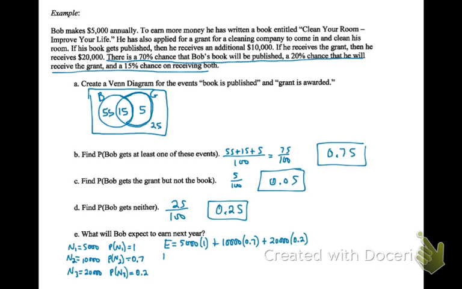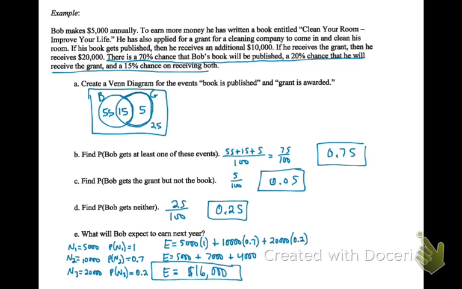If we calculate these values, we get 5,000, then 7,000, and then 4,000. Add them all up, grand total of $16,000. That's his expected value, his expected earnings for next year.